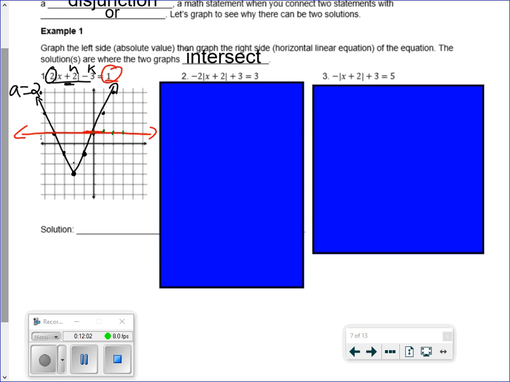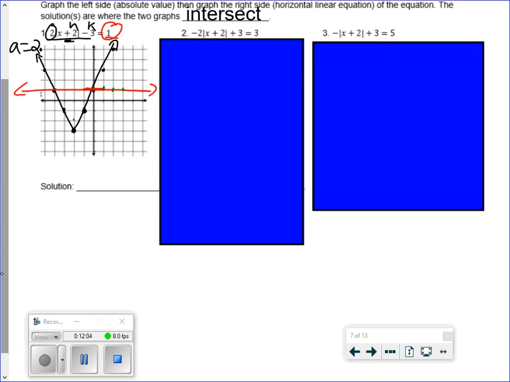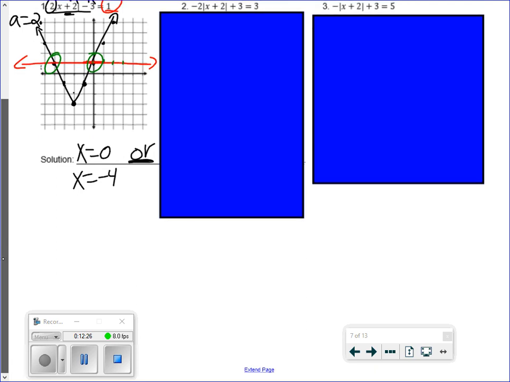So our solutions are going to be the x values of where they intersect. And they intersect right here and right there. So they intersect when x equals 0, or, that's that disjunction we talked about, x equals -4. All right? And there's also another way you guys need to know how to write our solutions, and that's something called a solution set.